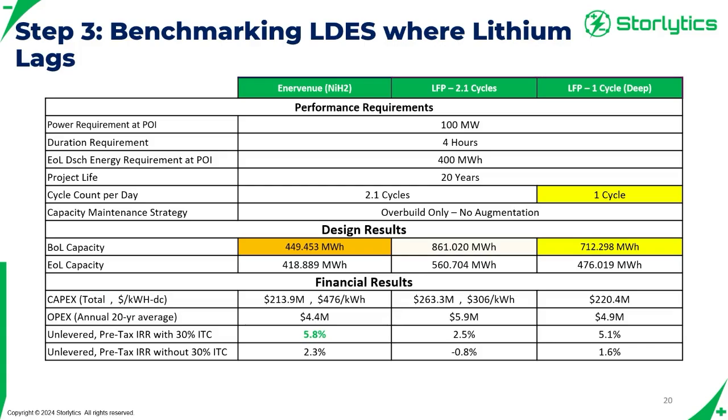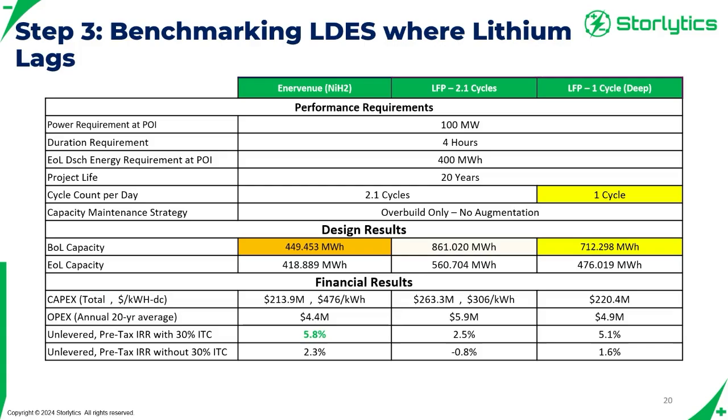So here, like I said, we assumed 2.1 cycles a day. We applied that to both the lithium model and to the Enervenue nickel hydrogen model. And these are the results, right? We found that for the Enervenue case, the beginning of life capacity only needed to be 450 megawatt hours compared to 861 megawatt hours for lithium, right?